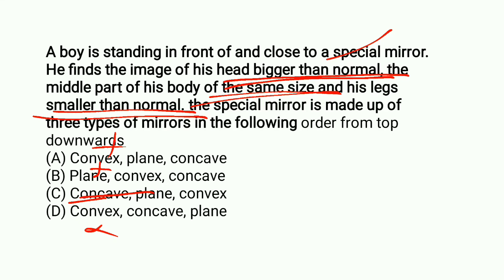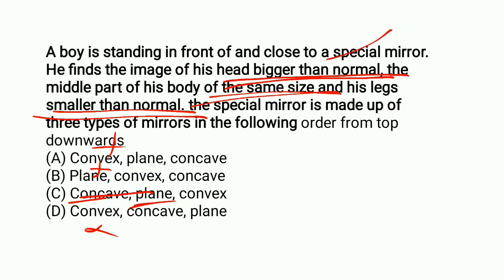Now let's go to the second part. The middle part of his body is the same size. The same size of image is produced by the plane mirror, where the size of the object and the size of the image are the same. So the second one is the plane mirror. And the third part: his legs are smaller than normal, which means a diminished image, and obviously a diminished image is produced by the convex mirror.